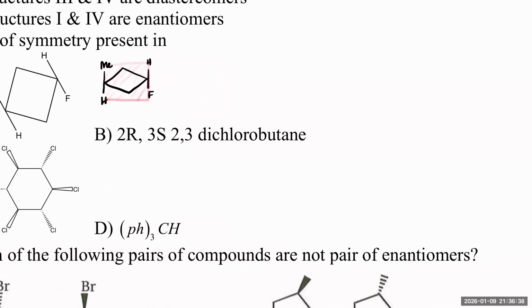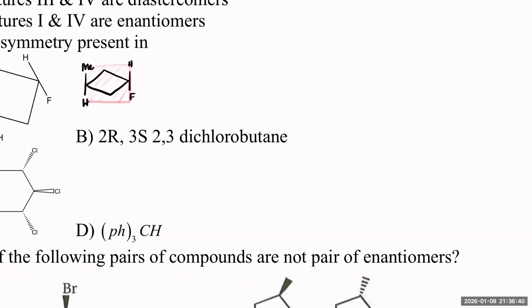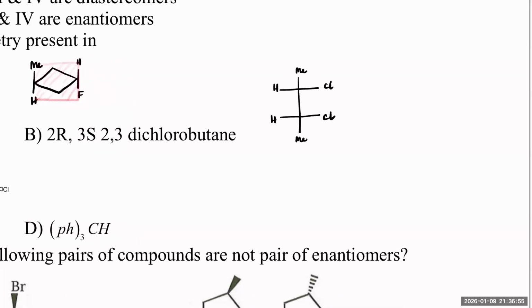Next, B. 2R,3S-2,3-dichlorobutane. Now, a very interesting one. If you have it like this, everybody has methyl, methyl, H and H, Cl and Cl. Everybody, notice how I've written the structure. Now start with the configuration.